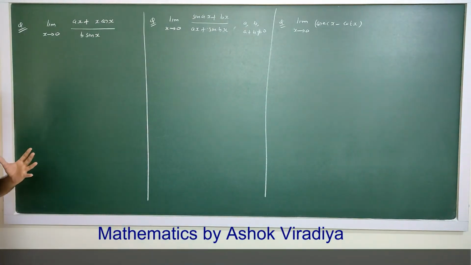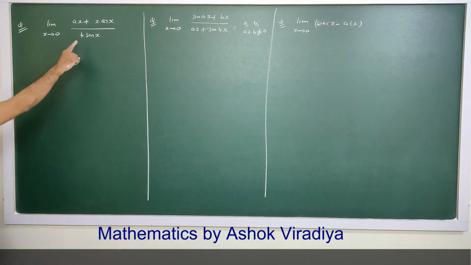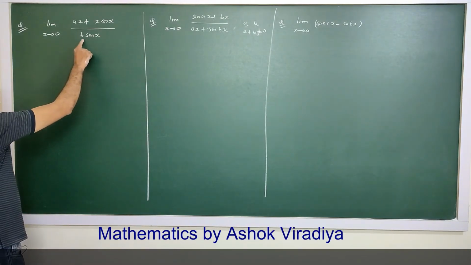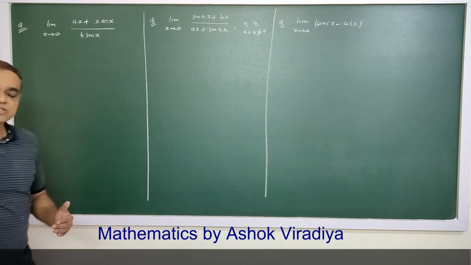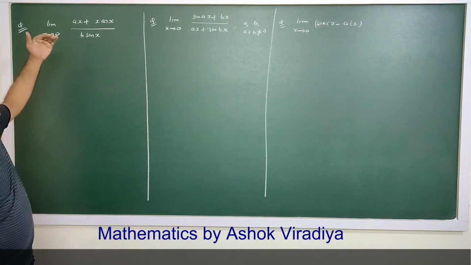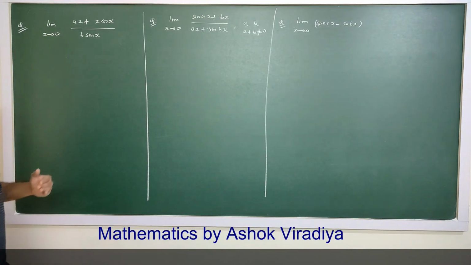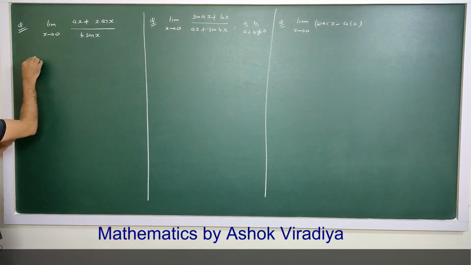So find out that form sin x upon x in every trigonometric function. Here sin x is given, so here we can set sin x by x, for which we divide numerator and denominator by x. So that is the beginning.